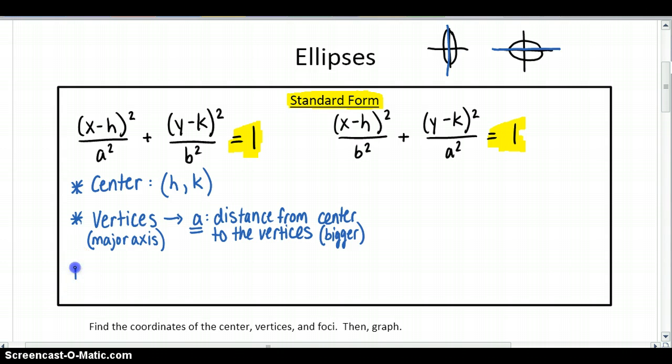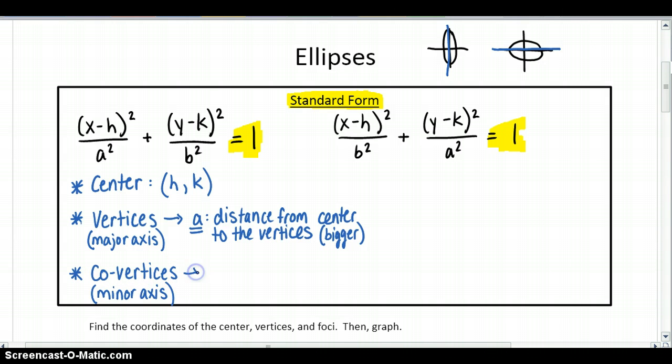Another important part, like I mentioned earlier, would be the co-vertices. For an ellipse, they're different distances apart, the ones on the horizontal side and the ones on the vertical side. So that means they get different names. The co-vertices are the ones on the minor axis or the shorter axis.